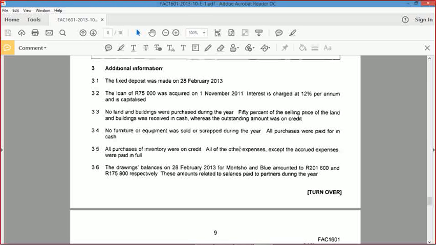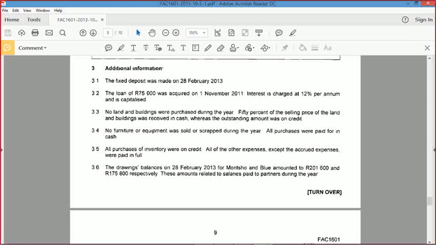Next. The loan of $75,000 was acquired on the 1st of November 2011. Interest is charged at 12% per annum and is capitalized. We will need that, because it's financing. So we need to work out the amount.